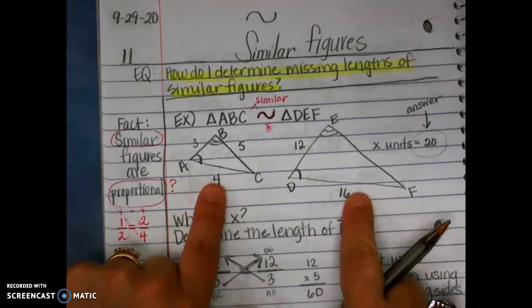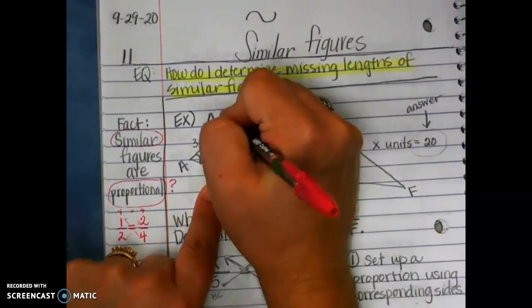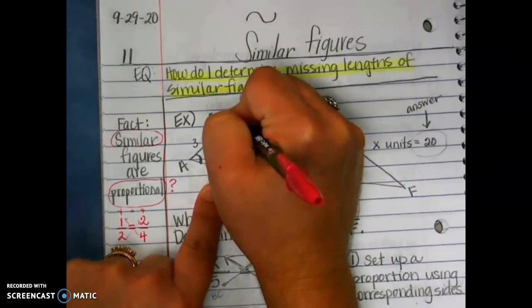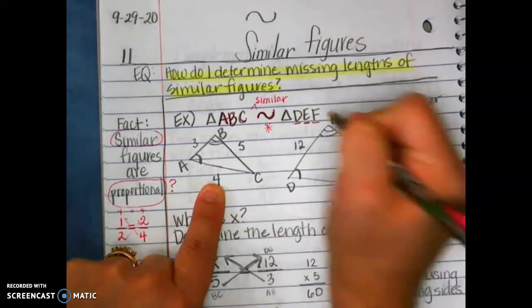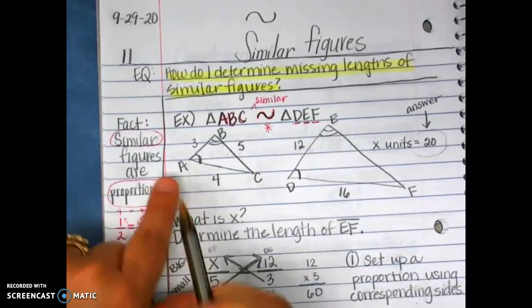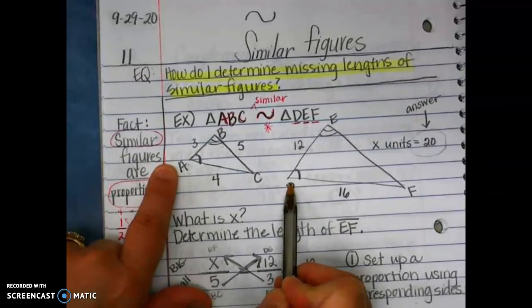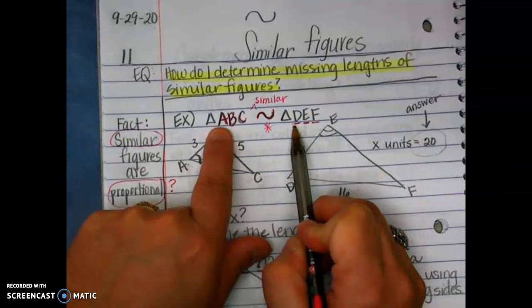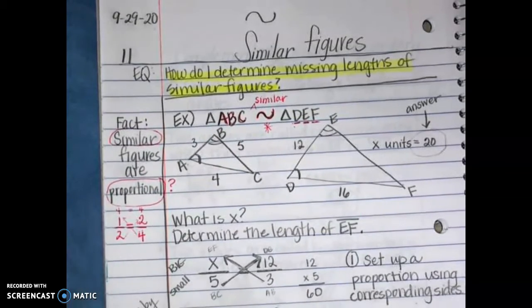I have these 3 shapes, and I want to remind you that these letters are extremely helpful. The order that they come in, A, B, C, matches this order, D, E, F. And you'll notice that the A and the D are in the same position, and they're also in the same position up here. That's important to remember.